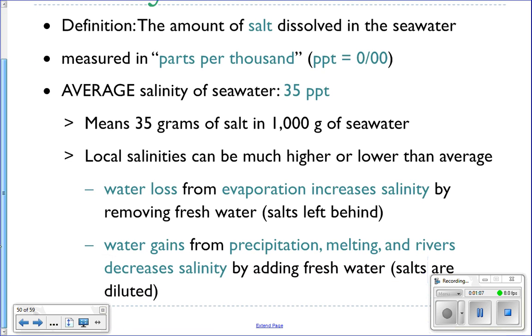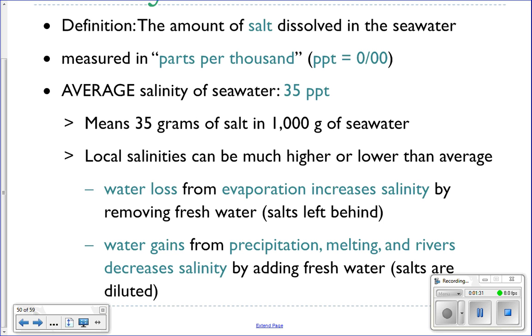When we look at the salinities in the ocean, the local salinities can be different than the average salinity of 35 parts per thousand for different environmental or climate reasons. So you can have water that has a higher salinity in a local area because of water evaporation.